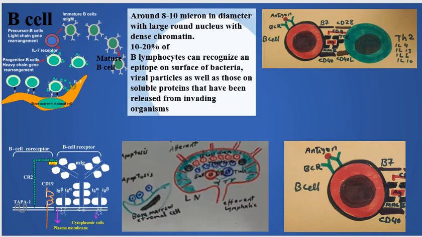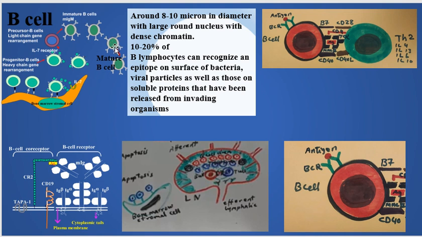B lymphocytes originate from bone marrow and interact first with the stromal cell of the bone marrow. Then they rearrange their membrane-bound immunoglobulin M, IgM, and it becomes immature B cell.